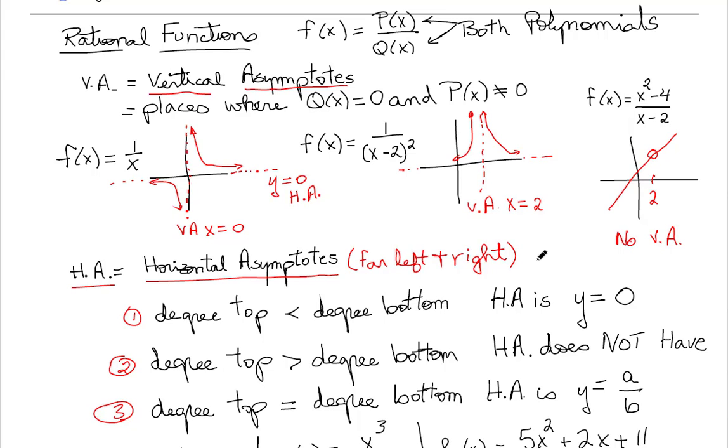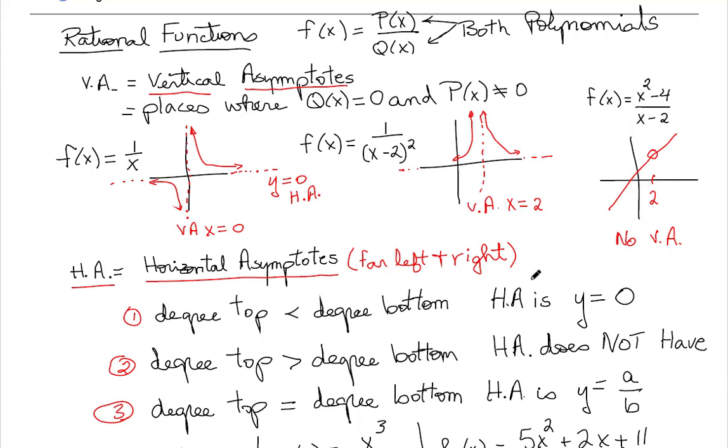So the question then becomes, okay, what happens on the two sides to these rational functions? Do they level off to 0? Do they level off to some number? Or do they just run off to infinity somehow?